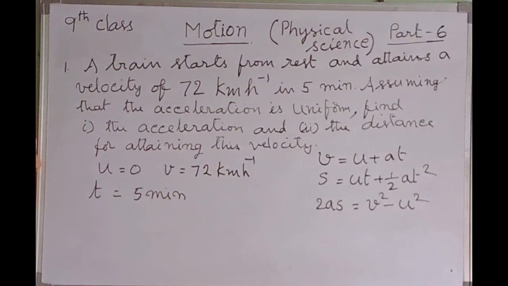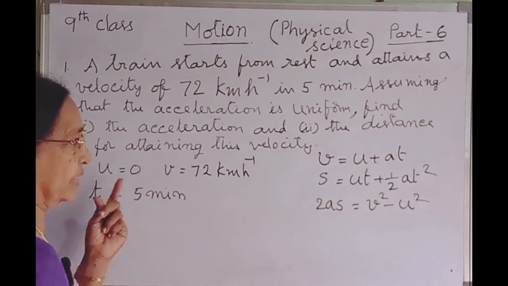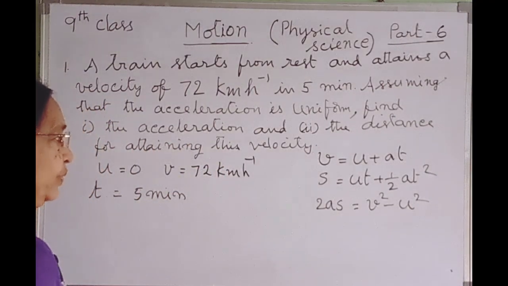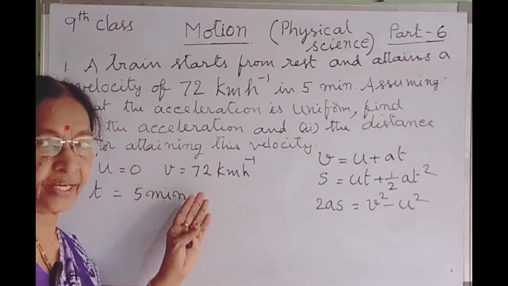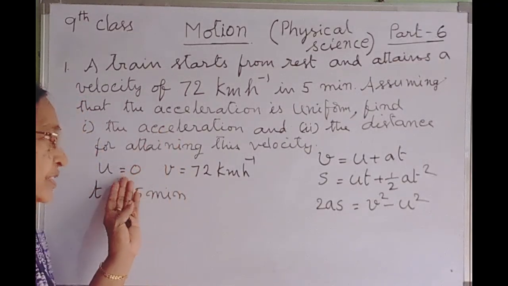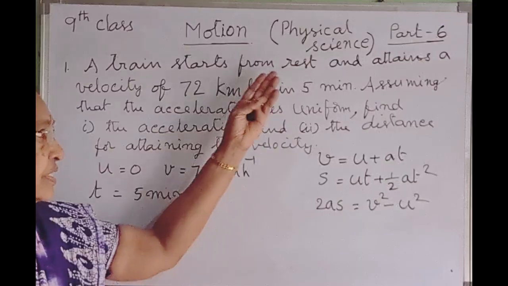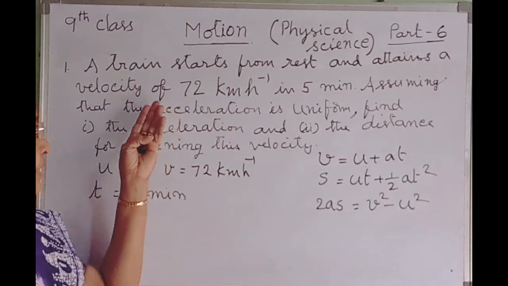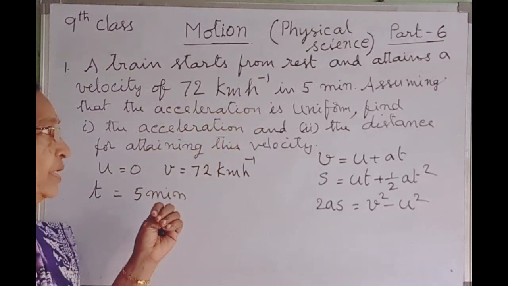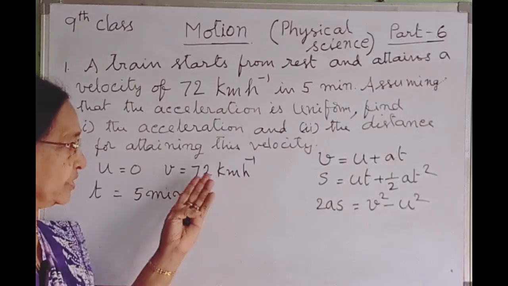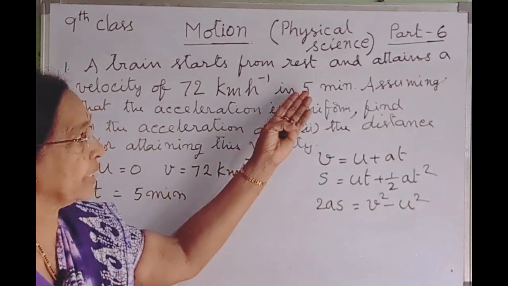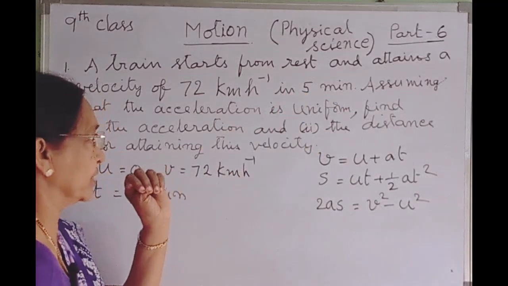Find the acceleration and the distance in attaining this velocity. First of all we will write the data given in the problem: initial velocity is 0 because it has started from rest, and it attained 72 km per hour. Therefore final velocity is 72 km per hour in time t, t is equal to 5 minutes.